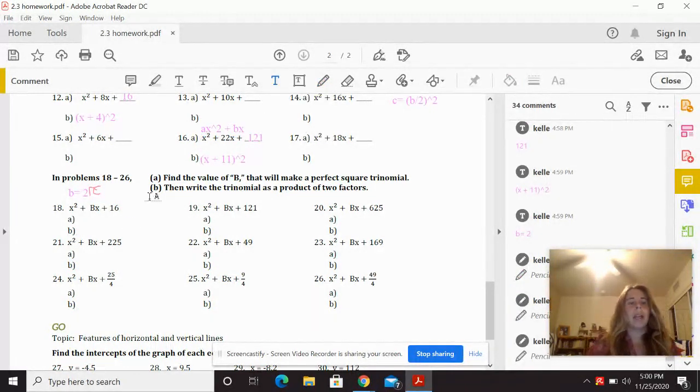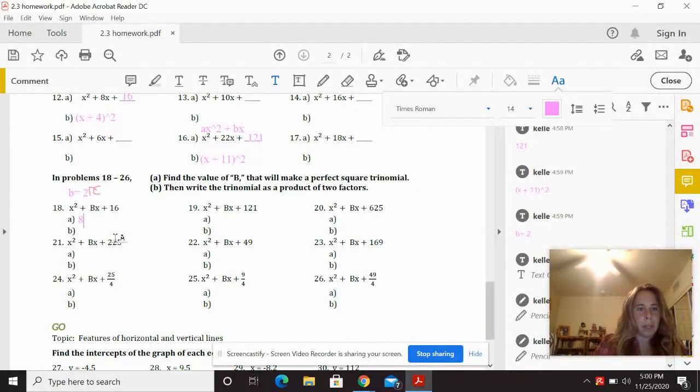Okay, so basically you take the square root of c. So what's the square root of 16? 4, all right? And then multiply that by 2. So that's 8. And then same thing we were doing down here.